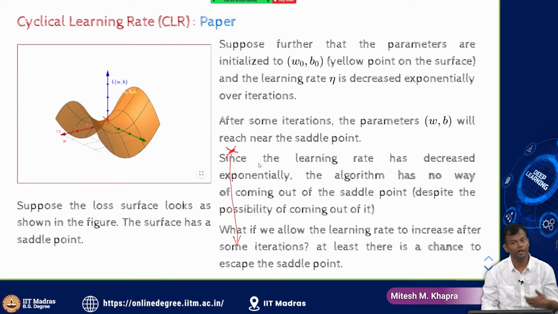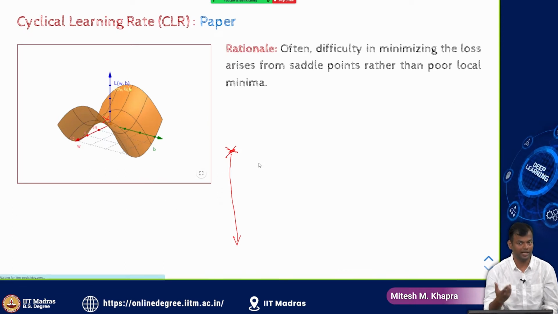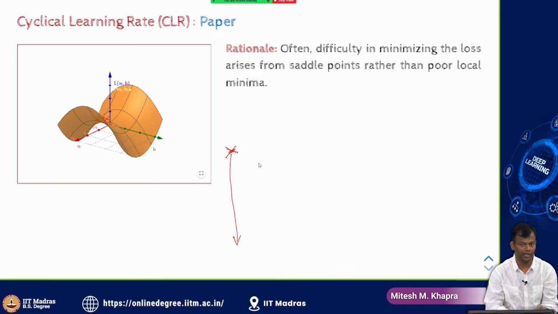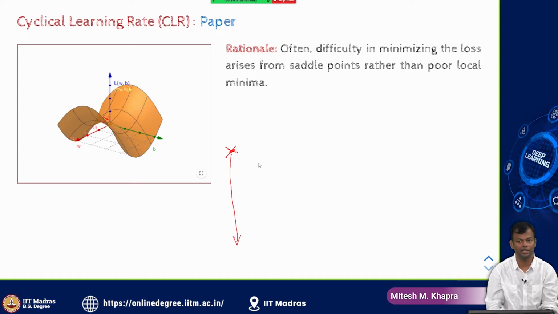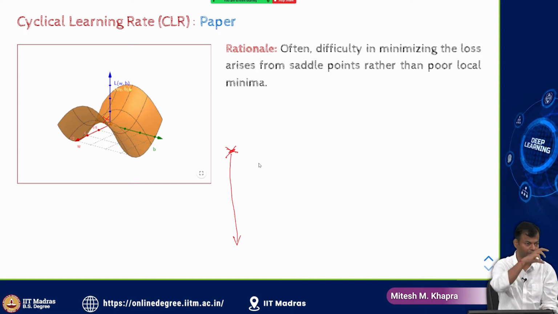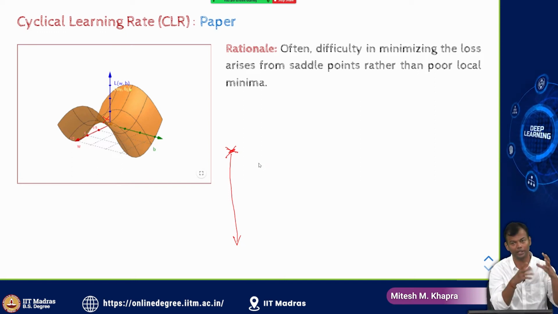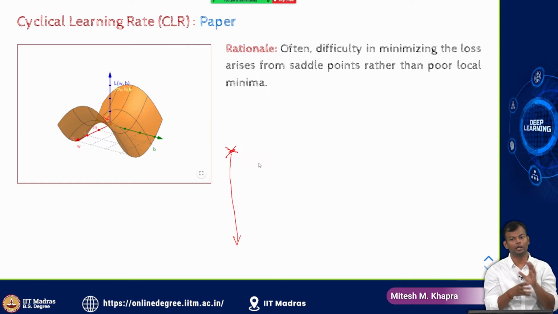So now what if we allow the learning rate to increase after some iterations? At least there's a chance that it might escape the saddle point. And that's the idea: you try to have an adaptive learning rate which will change, but that is often expensive, because you're maintaining W_t, the history, all of that, then computing eta_t, eta divided by this history.